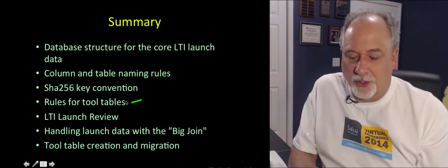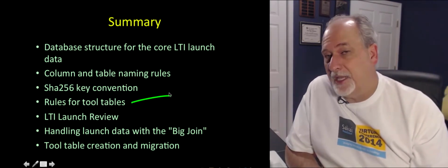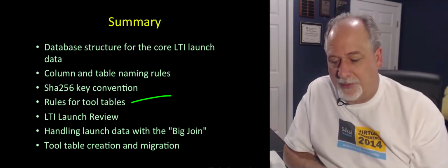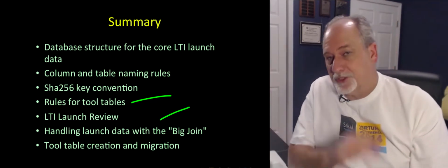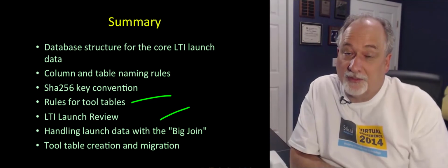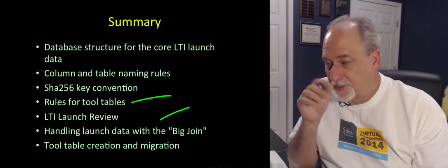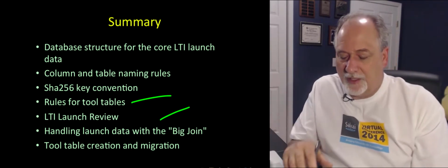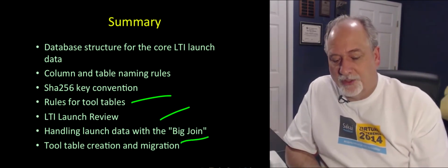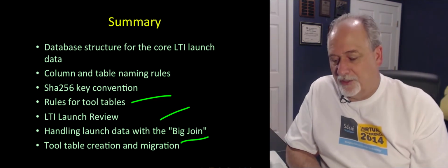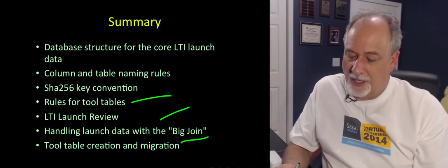Then rules for tool tables, mostly how you name them and how you connect them back so that the on-delete cascade works for everybody. The big join, which is that big long left join that makes it so that the framework only touches the database once plus the nonce, and then tool creation and tool table creation and the rules for that, and how you do migrations as you build those tools. Okay, thanks.